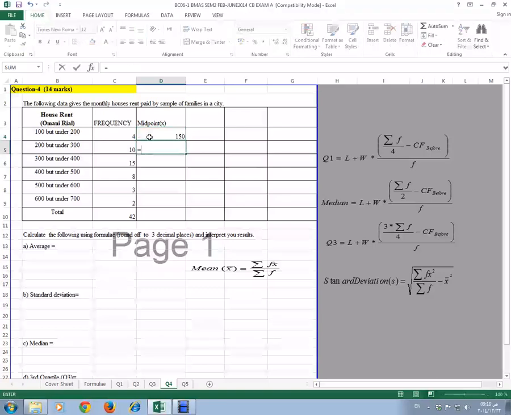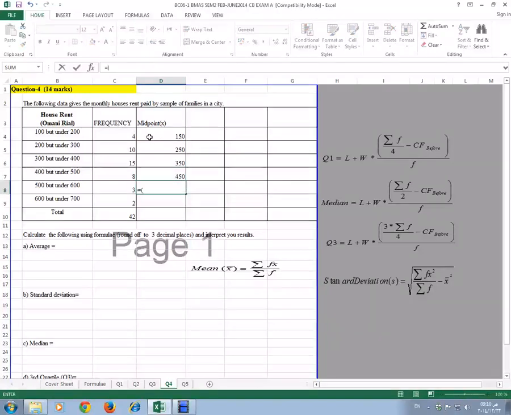Then the next one equals bracket 200 plus 300, close the bracket, divide by 2, then 300 plus 400, close the bracket, divide by 2, and then 400 plus 500, close the bracket, divide by 2.